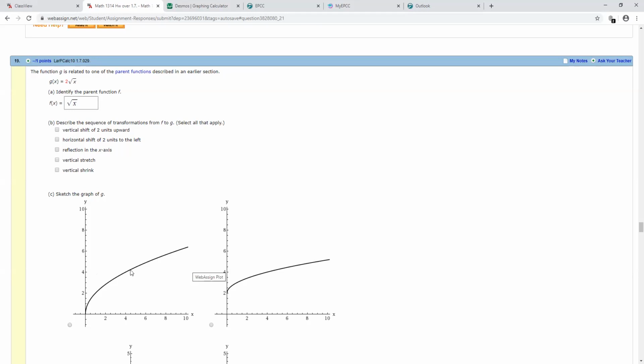So because there's multiplication, but it's out in front, it's multiplied by the entire parent function. So this whole parent function is the square root of x, and then that parent function is being multiplied outside by a number 2.